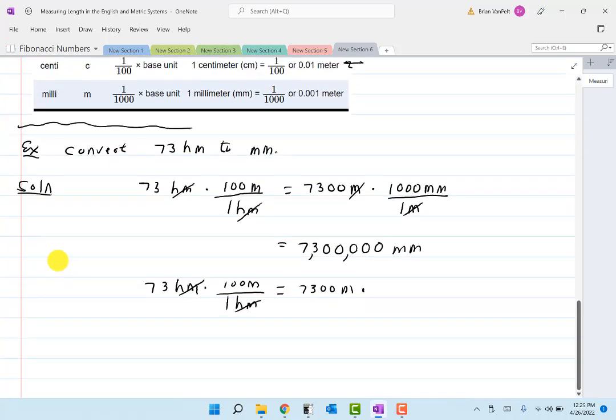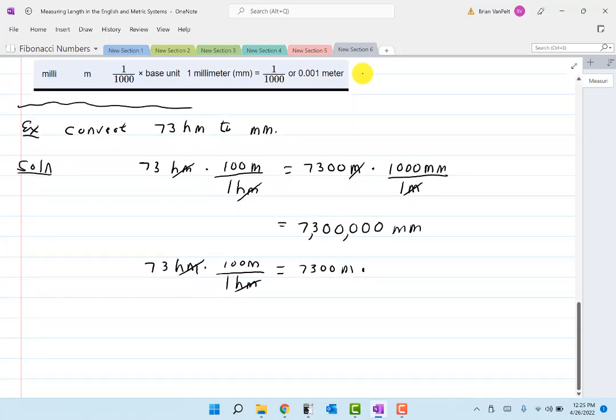Instead, if we use the table directly, I have to use this here at the end, and I will get 0.001 millimeter. I'm sorry, I put it upside down. 1 millimeter is equal to 0.001 meter.